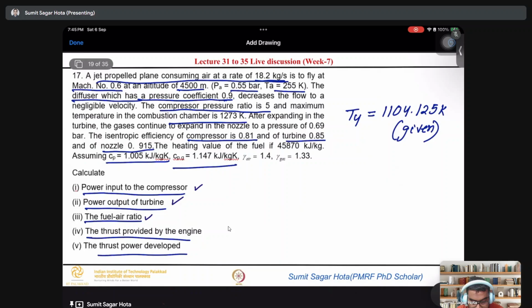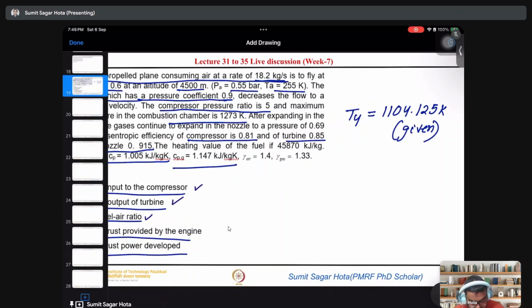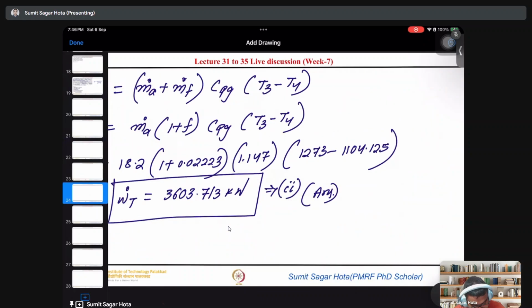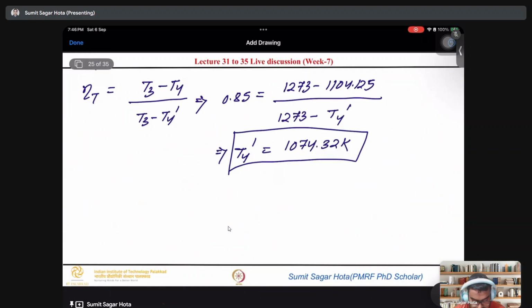So let's find out the pressures, P4 dash and the critical pressure. We have T4 dash, so just apply the isentropic relation to find P3 by P4. In the 3 to 4 process it is the gas condition, so we apply gamma of gas, which is 1.33.